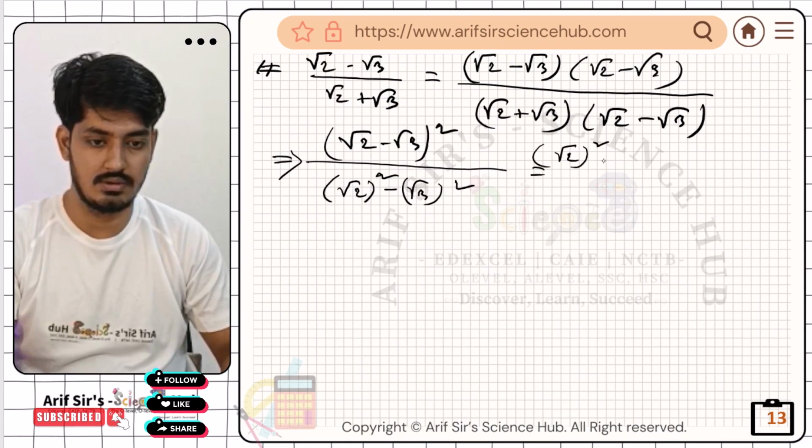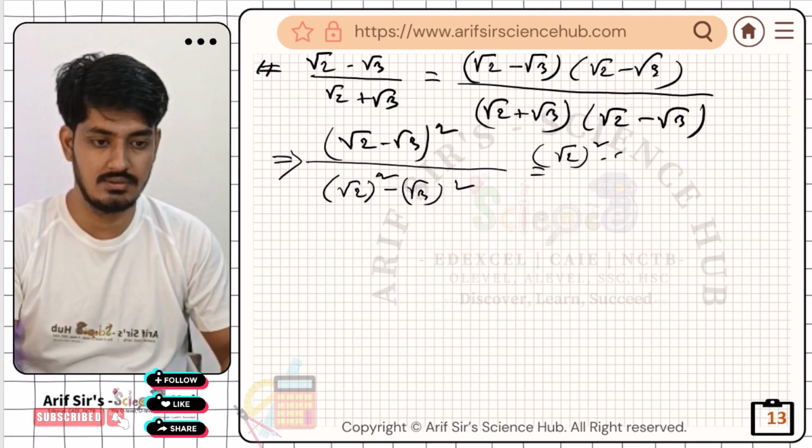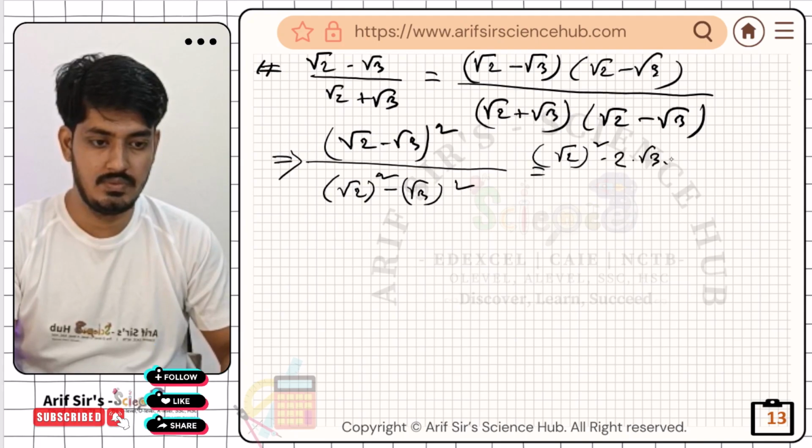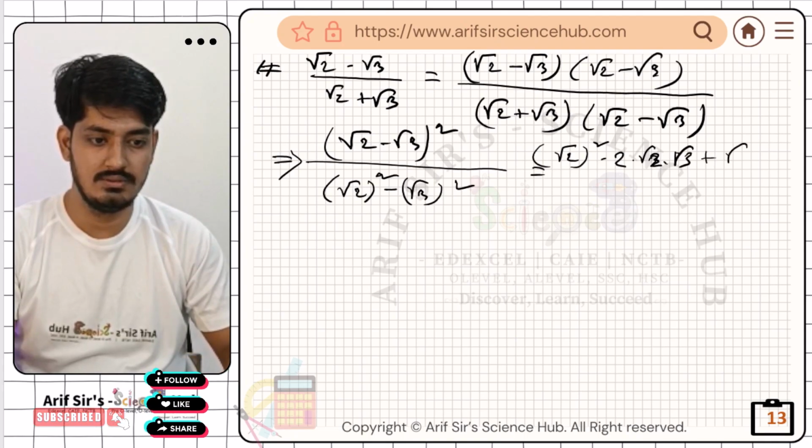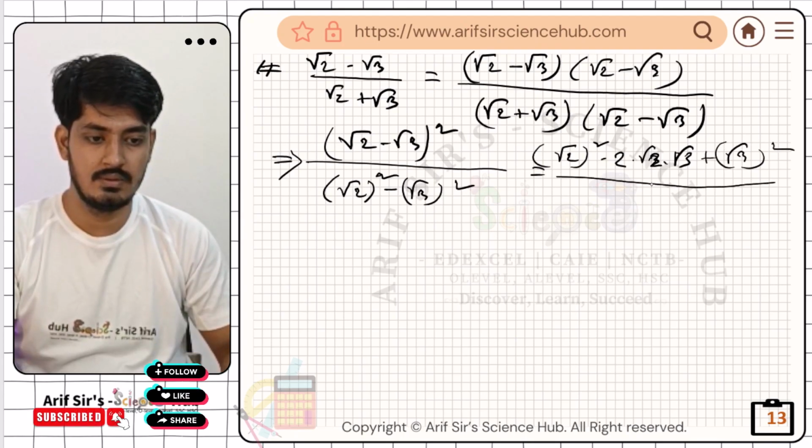The equation of a minus b whole square is a square minus 2ab plus b square, and it is 2 minus 3.